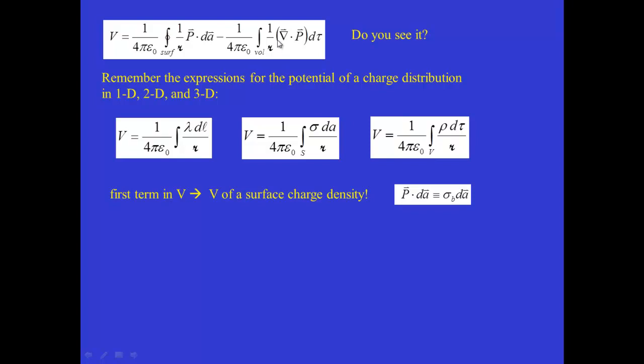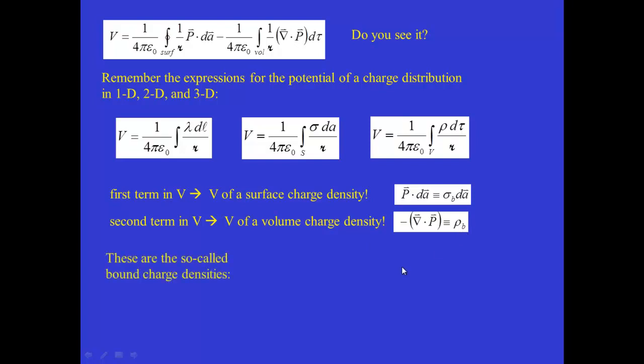For the second term, the one that has the volume integral, that one looks just like the expression for the potential of a three-dimensional charge density if we define del dot P to be equal to this rho, except there's a minus sign here. So to be careful, we need to say that minus del dot P is equal to some kind of volume charge density, and once again, we put the subscript b on here.